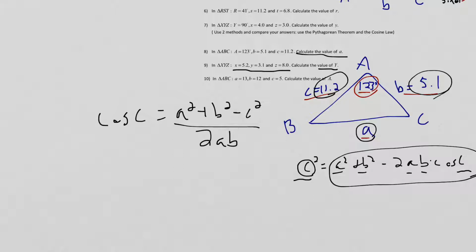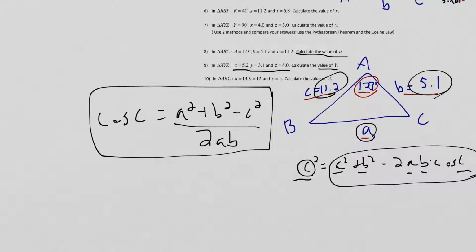It's just the same cosine law formula rearranged. So for question number 9, you're going to be pulling out this other formula, substituting values in a very similar way, and hopefully you'll get the same result. And if you're not getting the same result, let's talk about it in class, or you can do some further digging into the instructions that are posted on Blackboard.